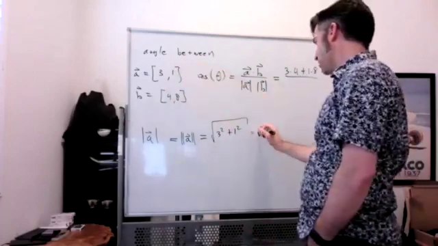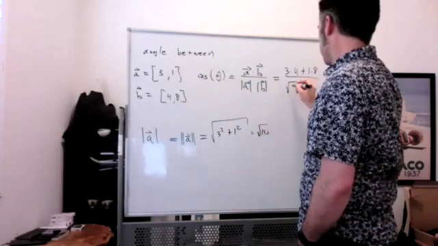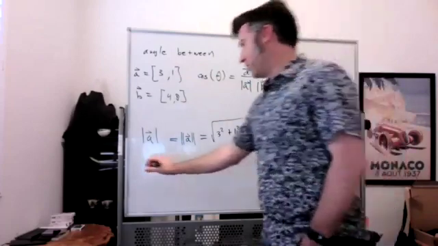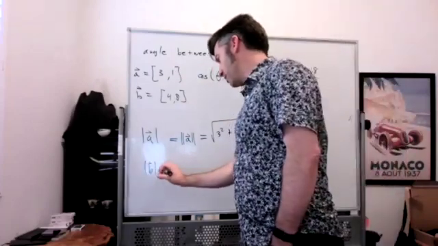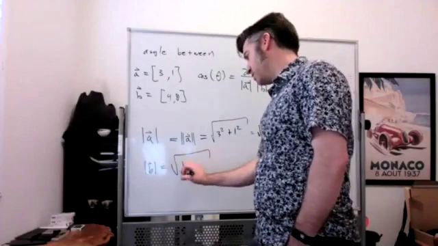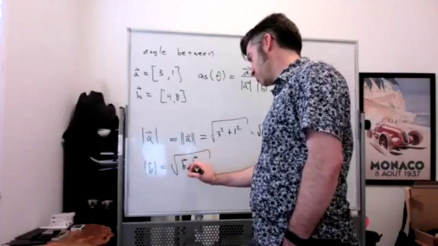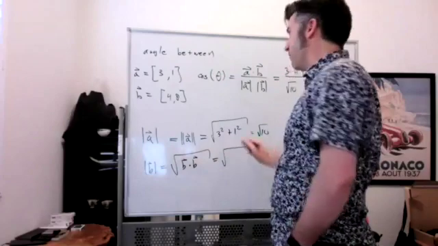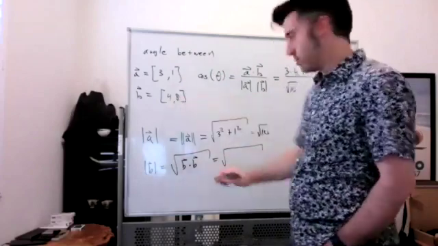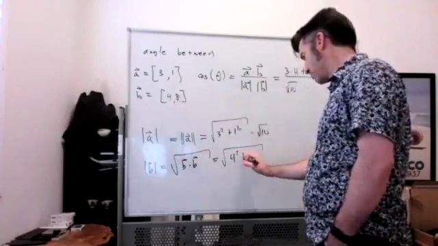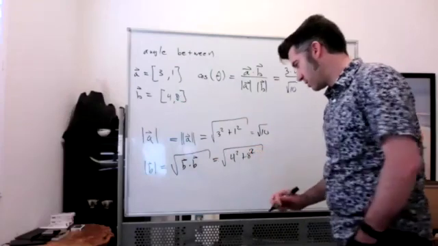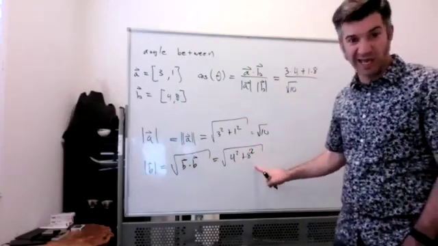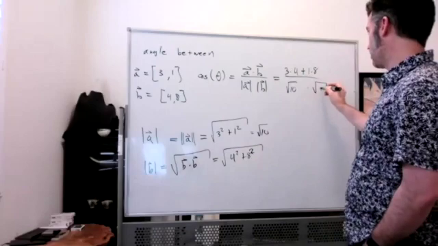That's going to be the square root of 10. The magnitude of B is the square root of B dot B, which is the square root of 4 times 4 plus 8 times 8. Let's see, 16 plus 64 is 80. So I get the square root of 80.